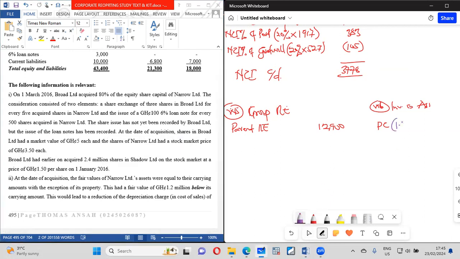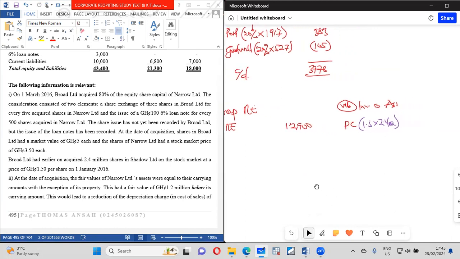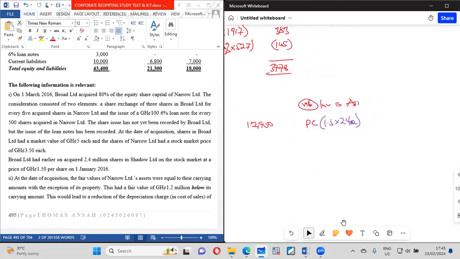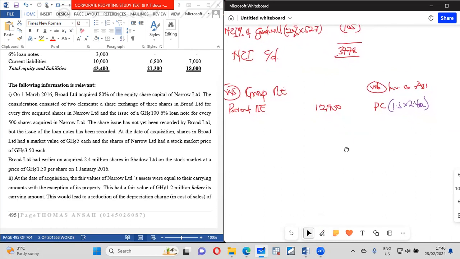So I have 1.5 per share by 2.4 million shares. And how much is that giving me? So that one gives me 3,600. All right, so basically that is that.